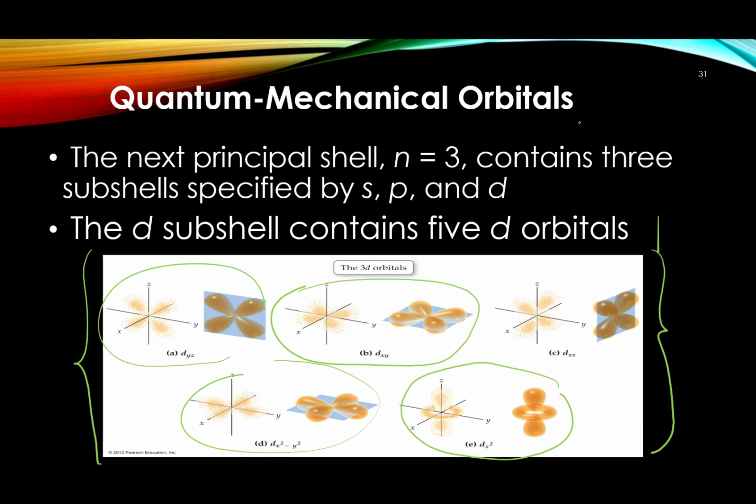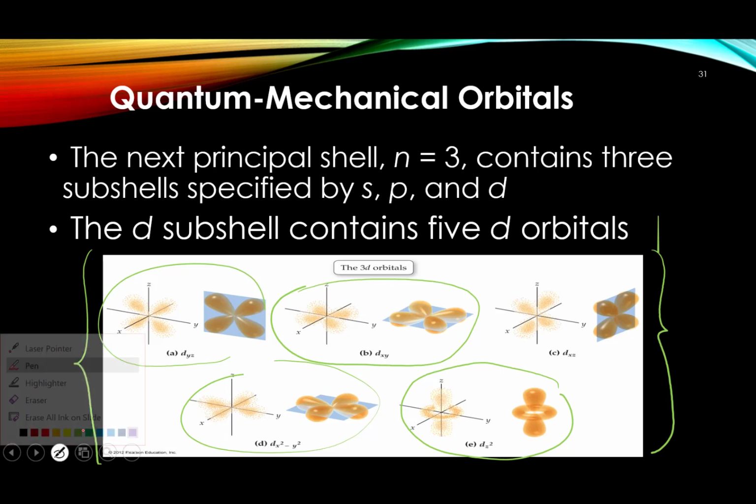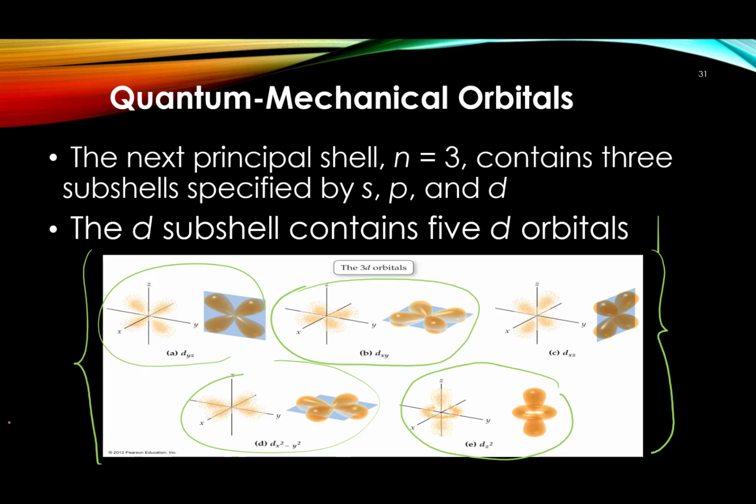Let me change the color so that it's more clear. That's the yellow. Then d orbitals are 5: 1, 2, 3, 4, 5. That's the d orbitals. They are 5 boxes joined together. Then d orbitals could have a maximum of 10 electrons.